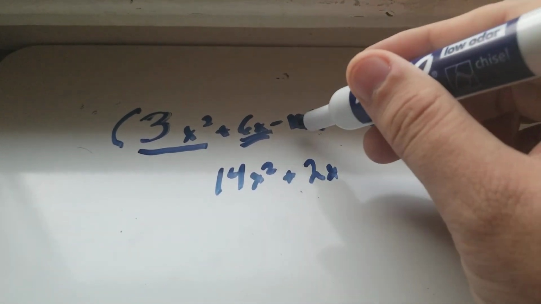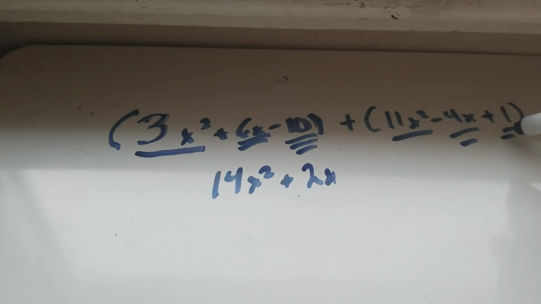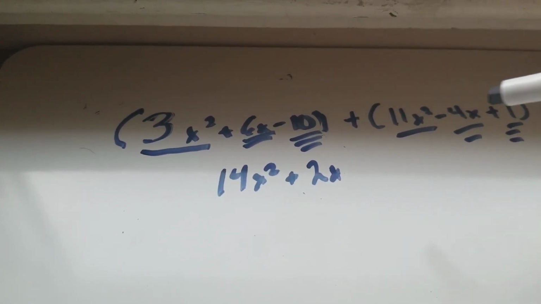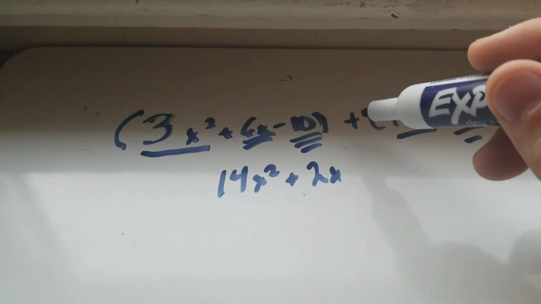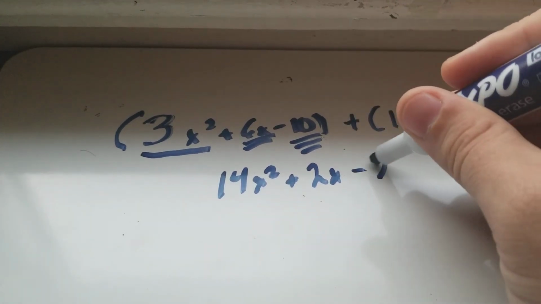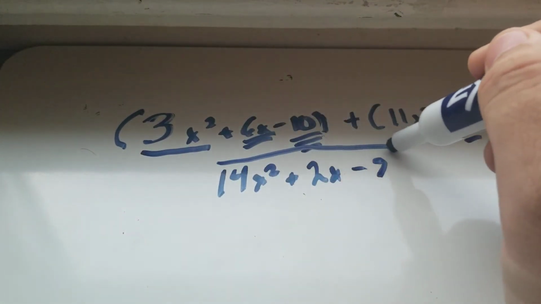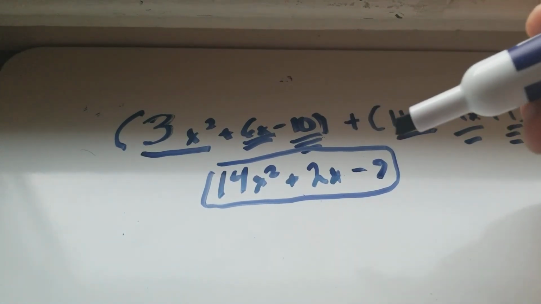And then we have negative 10, so no x's, and 1, no x's. When we have that, we're going to just add the constant numbers normally. So negative 10 plus 1 ends up being negative 9. So your answer for this one is 14x squared plus 2x minus 9.